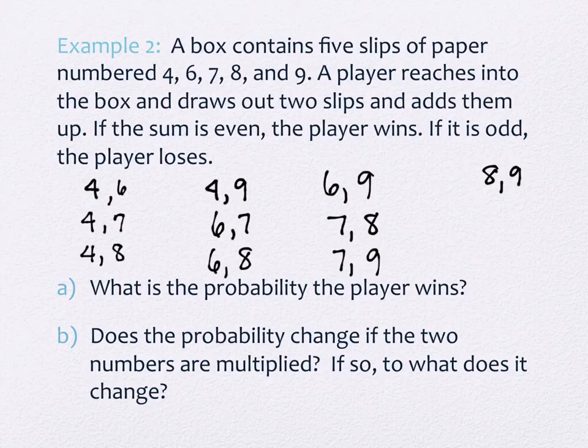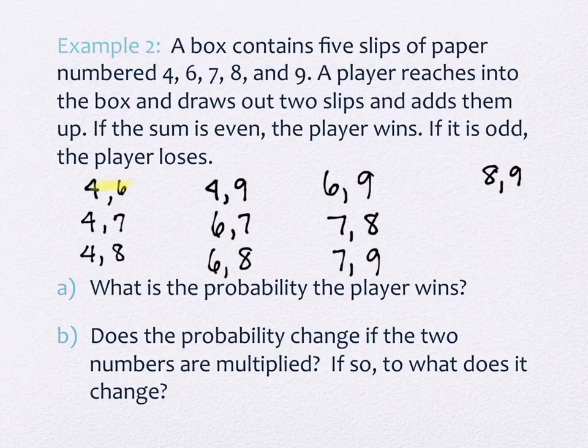Now, the question has to do with winning, and winning has to do with if the sum, that's addition, is even. So I'm going to highlight, maybe you can circle if you'd like, but I would try to make it not too over the top because we're going to change the process here in just a second. We'd like to know which of these are even. When I add 4 and 6 together, do I get an even number?